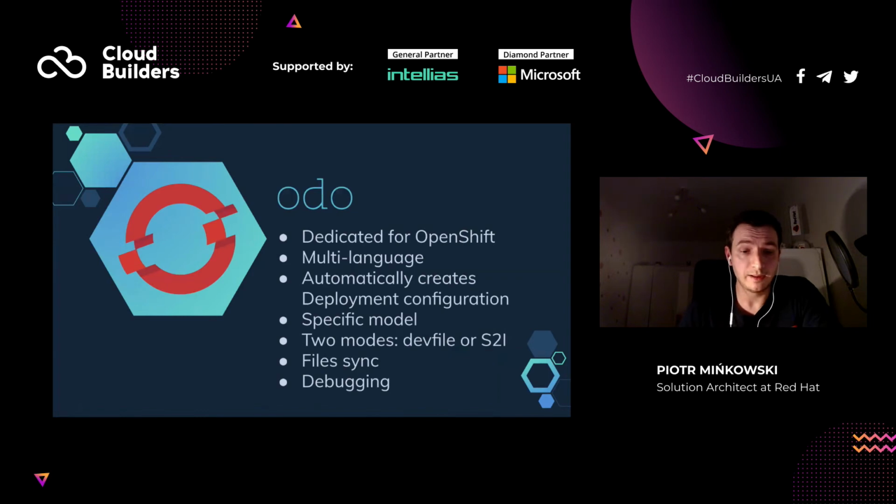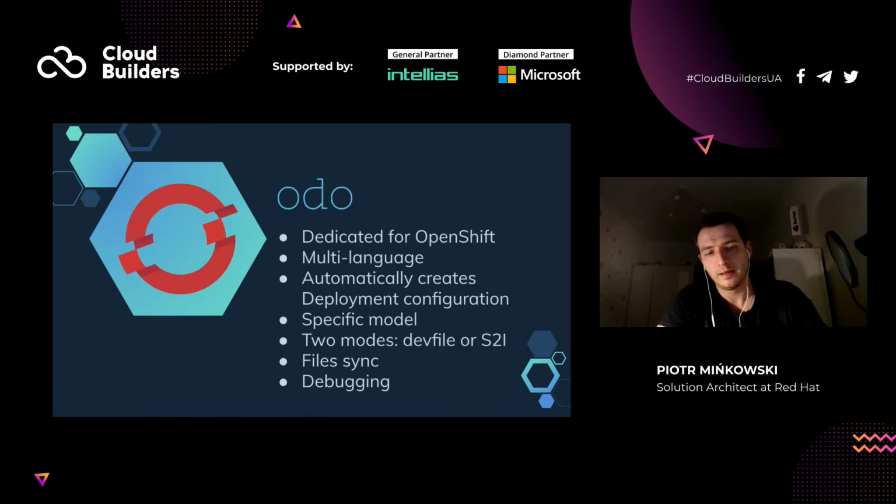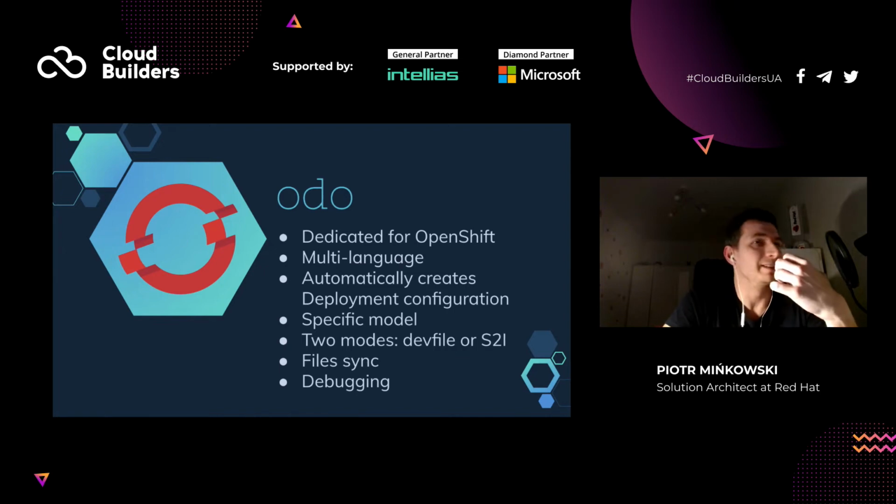Okay, and Odo. Odo is a CLI tool for deploying on Kubernetes, but it is targeted at OpenShift, I think, because it provides some additional features when working with OpenShift, like, for example, integration with the source to image mechanism. It also creates deployment configurations, build configurations, and routes, for example, typical elements of OpenShift.